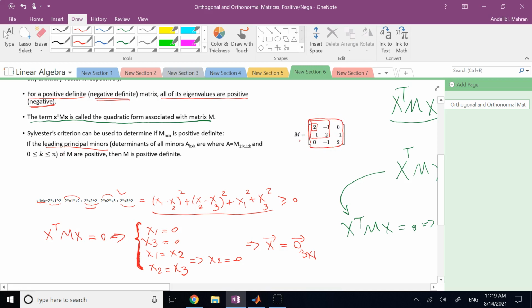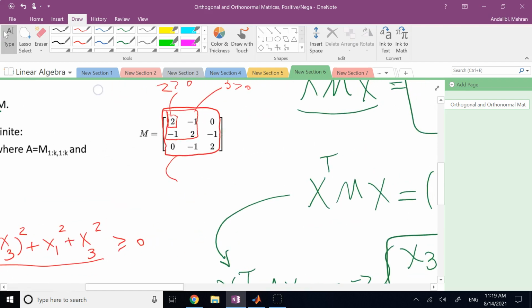So it says the determinant of these three matrices, the element 1, 1, then the 1, 2, 1, 2 block, and the original matrix, all of them should be positive. So this 2 is definitely positive. The determinant of the 2, negative 1, negative 1, 2, that's 4 minus 1, that's 3. So that is also positive. And then the determinant of the 3 by 3, if you use Sarrus's method, is going to be 8.